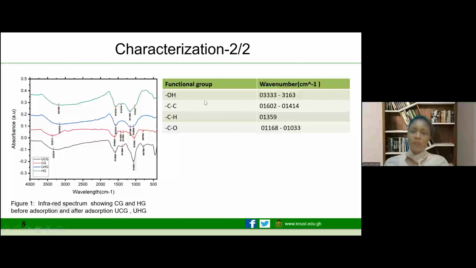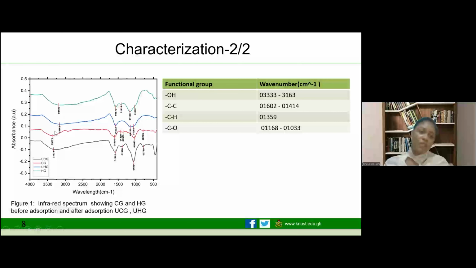So with this functional group, we observed, for instance, UCG and UHG mean after adsorption with SOL, which is the spectra in blue, and the spectra in green is before adsorption. So we can see a shift in the hydroxide group from before adsorption. It was at 3,186 wave number.